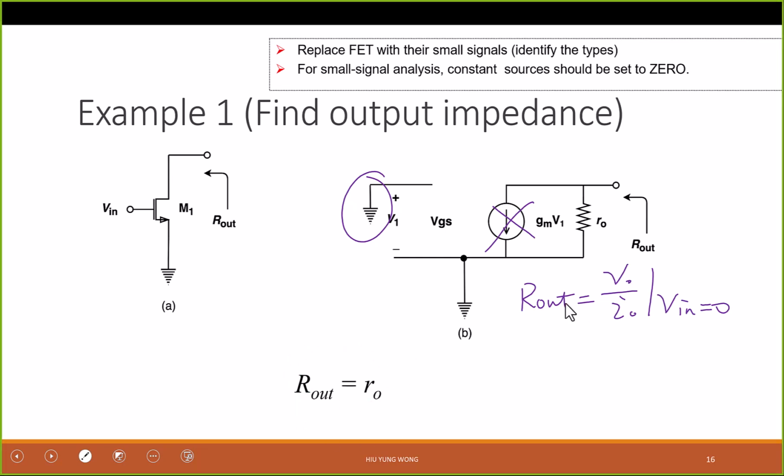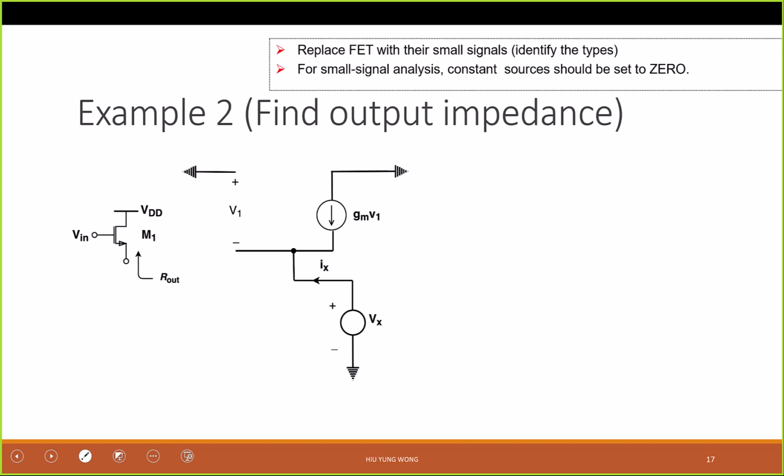But if you did not understand this, you are going to run into a lot of trouble. After one page of definition is still wrong because you don't know what is V in. So I see in many midterms before some students not able to do this, and then they have a very long derivation, right? So be careful of this.